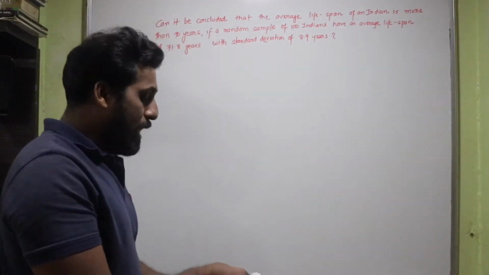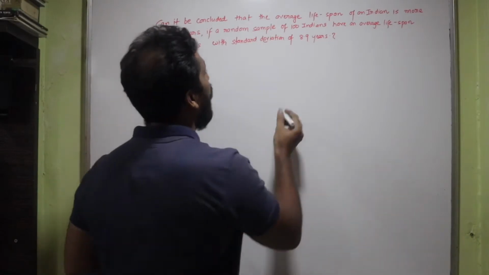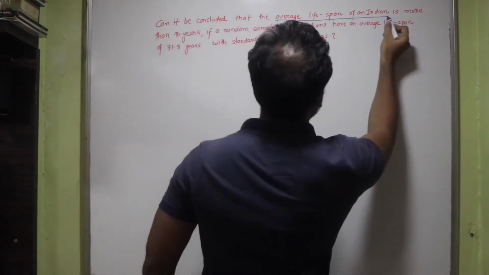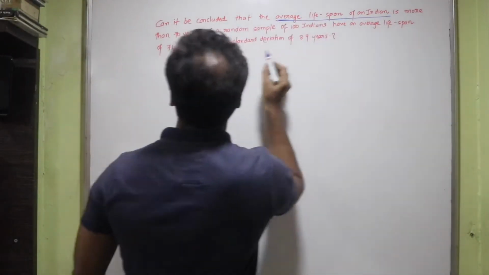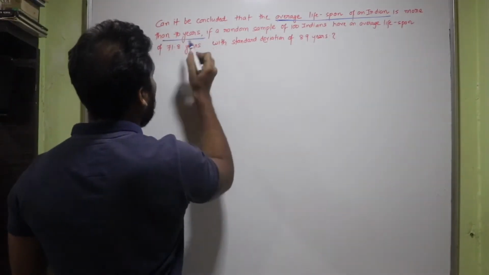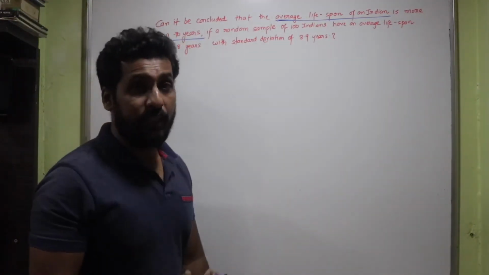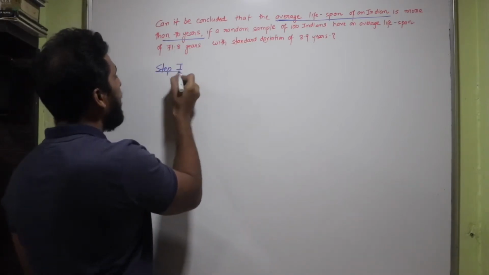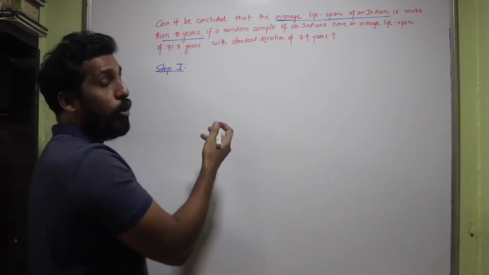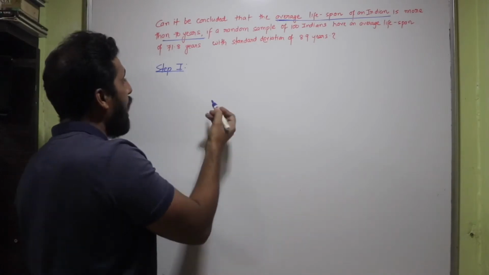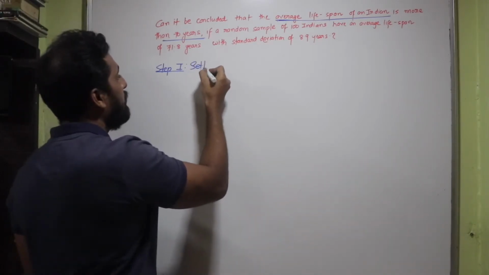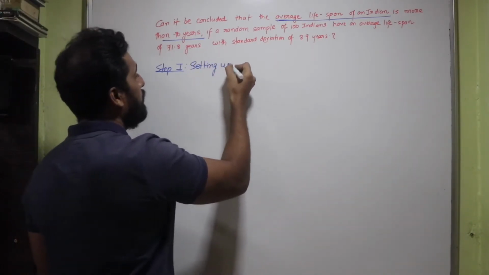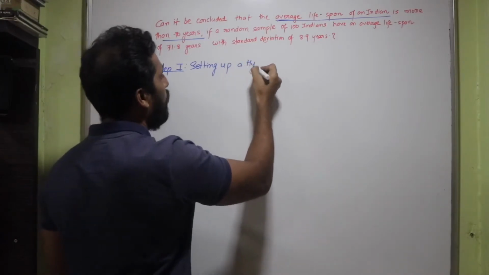I am telling you that the average lifespan of the Indians is 70 years. So the step 1 now begins. In step 1 I will decide, or I will set up a hypothesis. So setting up a hypothesis.